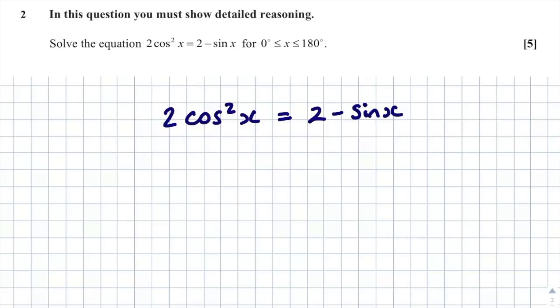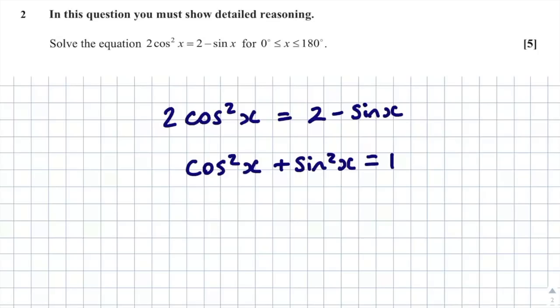The way we do that is we need to think about our trig identities. There are 2 trig identities that you need to remember for the AS level maths qualification, and one of them is cos squared x plus sine squared x is equal to, or equivalent to, 1.